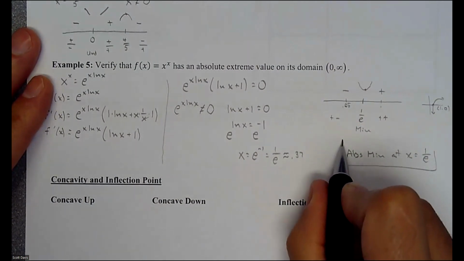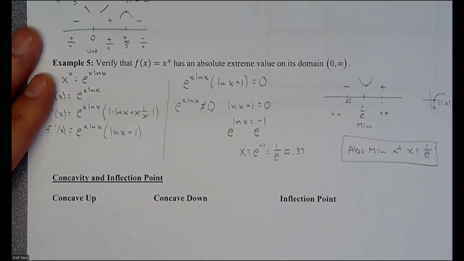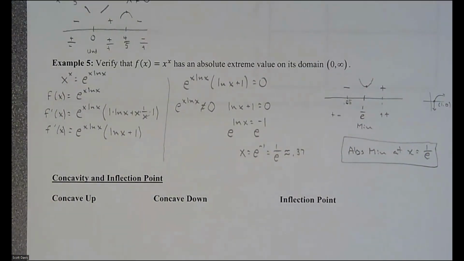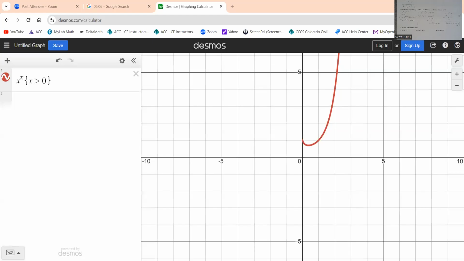And we're going to take a look at decimals real quick to see if that agrees. So let me shift my screen. Okay, so if we look at that, this is what our tower function looks like with the x's that are greater than 0. This is our graph.